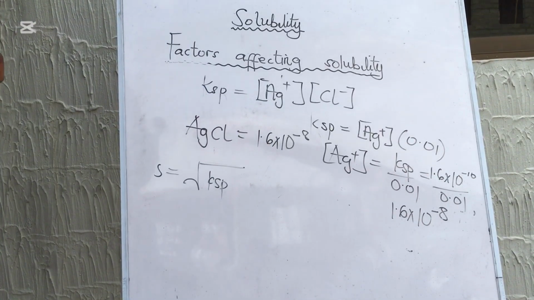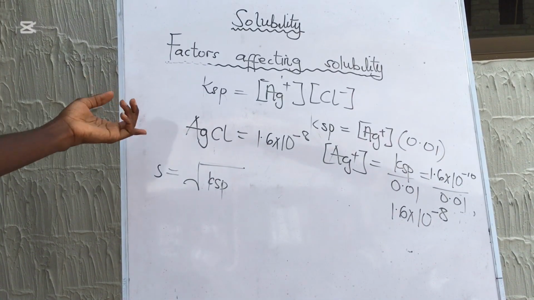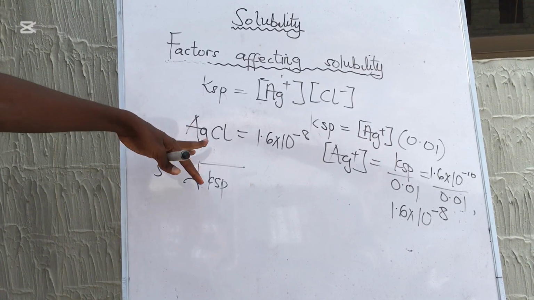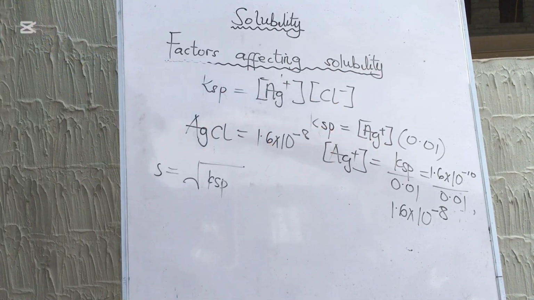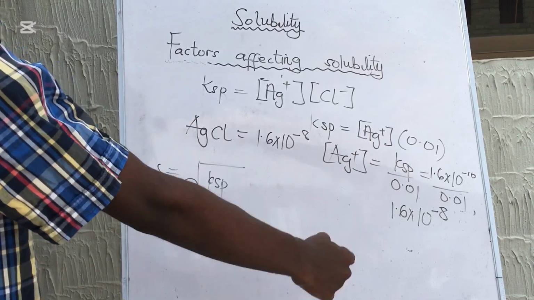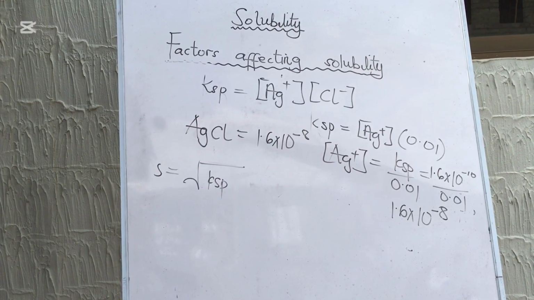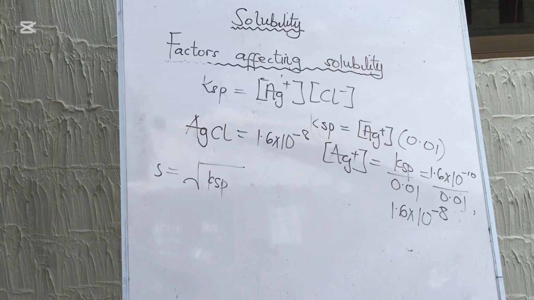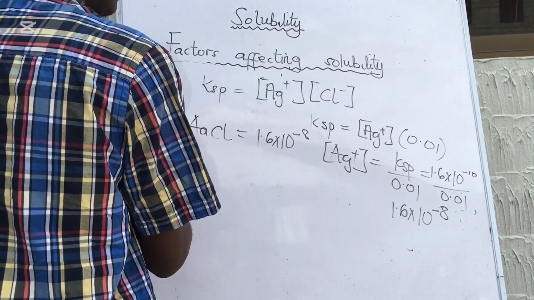Negative 5 and negative 8, which one is the biggest? Negative 5, right? So now that the new solubility of the salt after dissolving it in a common ion solution is negative 8, it means that the solubility has decreased. Now let's try and talk about the effect of pH on the solubility.